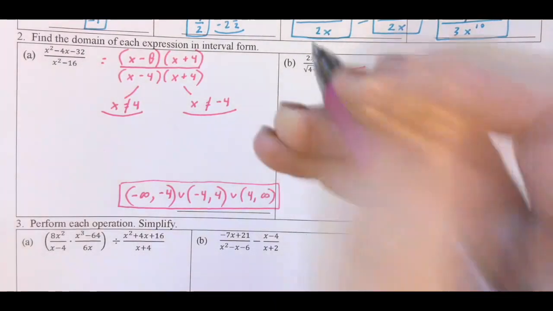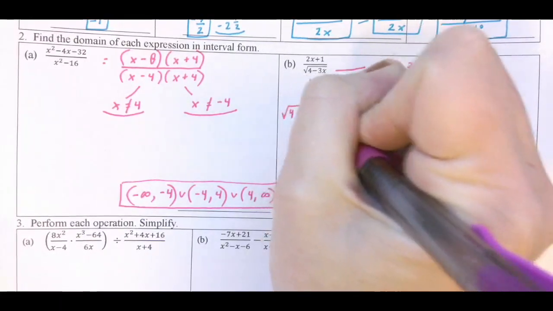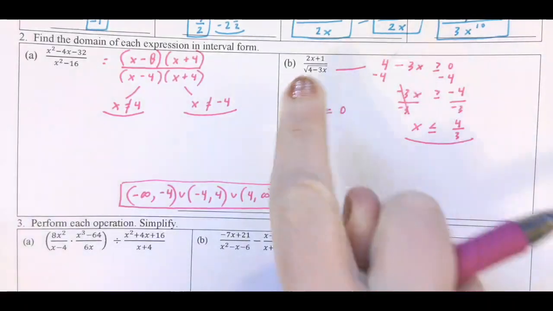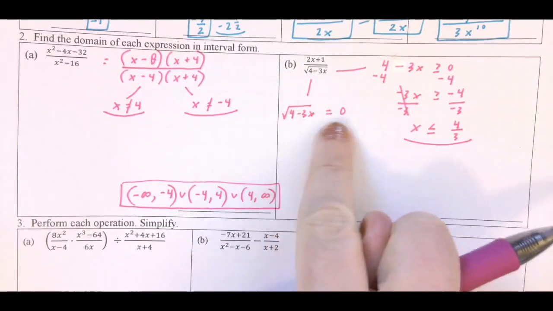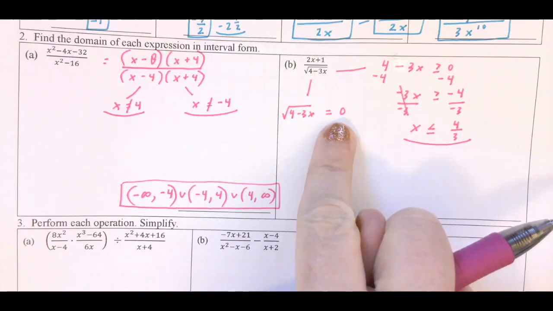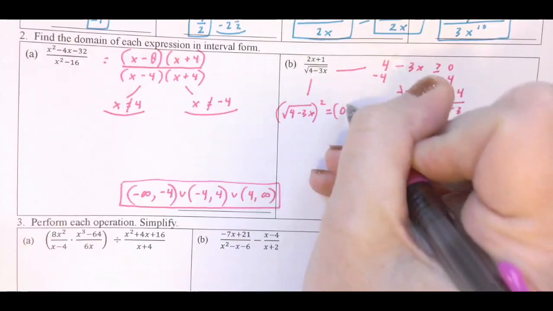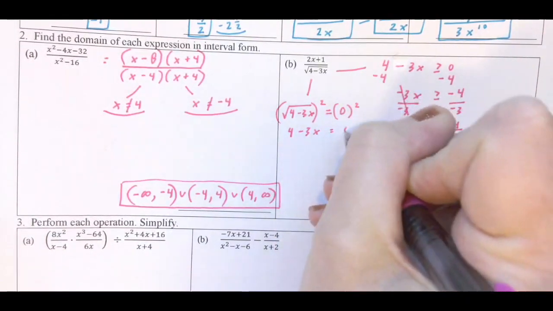I also know that my denominator, the root of 4 minus 3x, has to not be equal to 0. So here it can't be 0. I usually start by just making it equal to 0 and then I negate it. So here, if I get rid of the square root, I square both sides, and I'm still at 4 minus 3x equals 0.